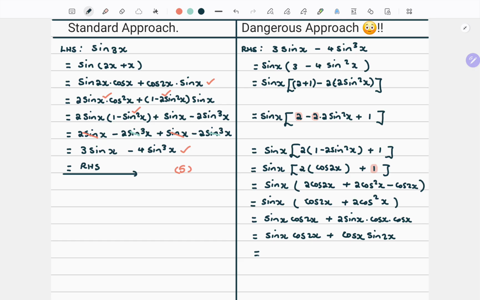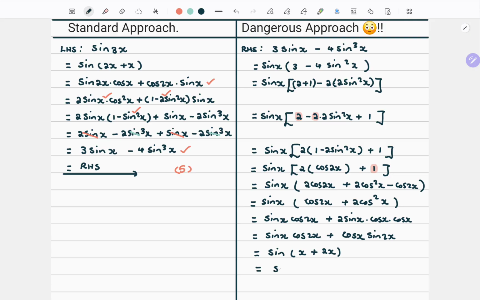Now we can see we've got a sine compound angle identity where we've got the first angle and the second angle, and we see these repeat nicely there. So we can see that this is the same as sine of the first angle plus the second angle.